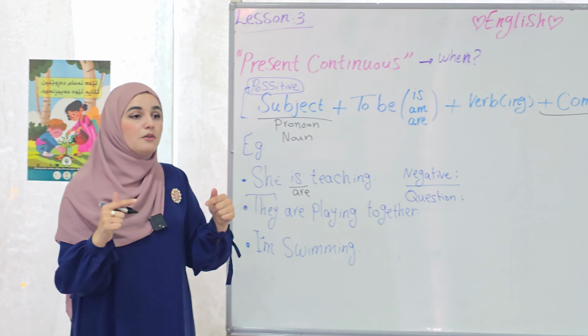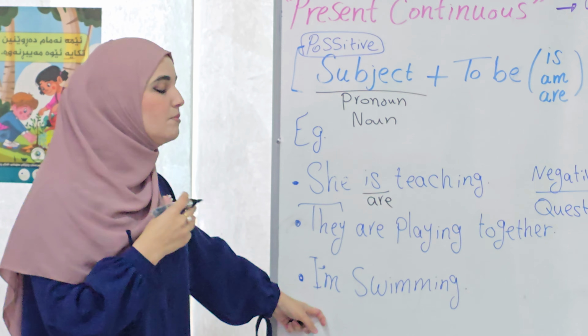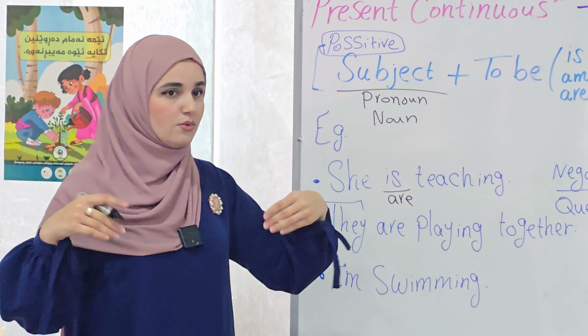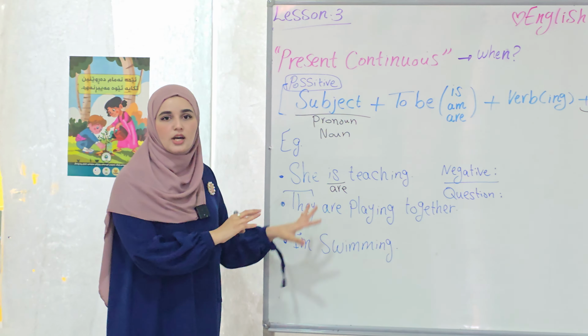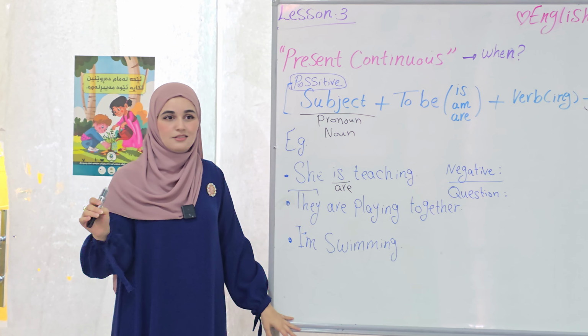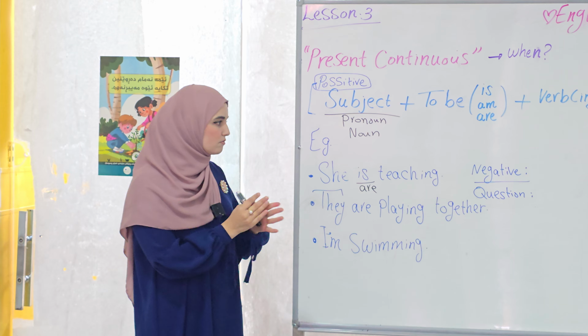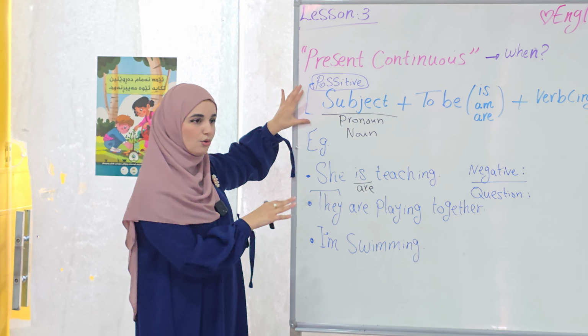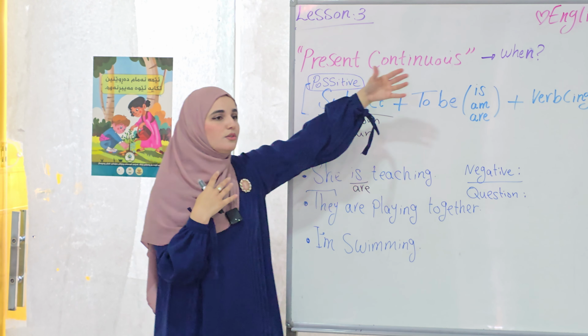It means they are playing together right now. Okay? I'm swimming. I'm swimming right now, let's say. Okay. You got this? Yes. Clear? Yes. I mean, really clear? Yes. Very good.